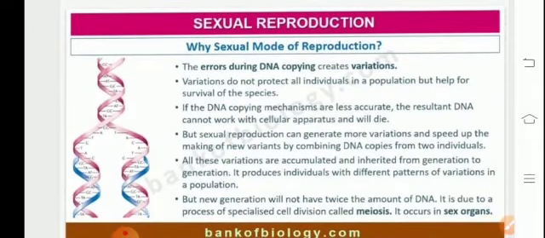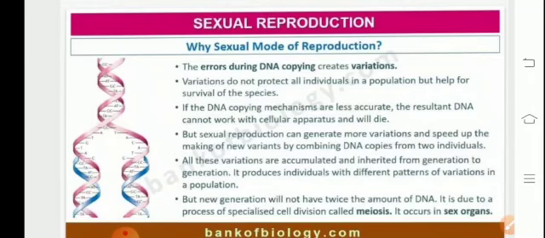Why is sexual mode of reproduction a necessity when organisms can easily reproduce by asexual mode? The errors during the DNA copying lead to variation.